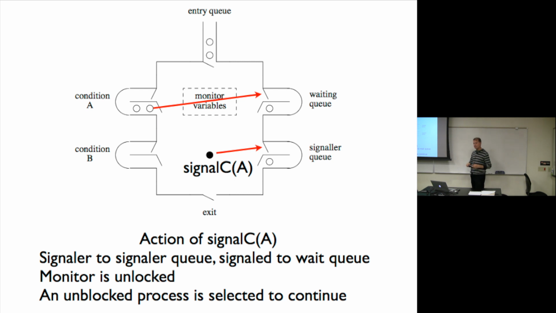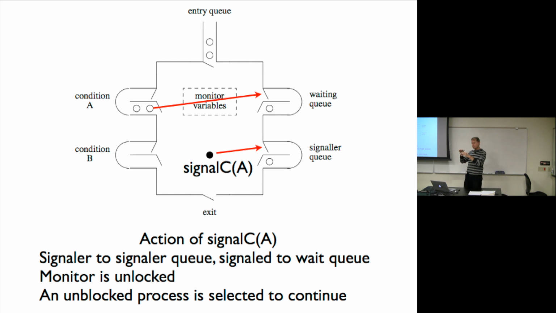Yeah, question? Are the tasks in the signaler queue unblocked? Ask me that again. Are the tasks in the signaler queue unblocked? All of the processes in all of the queues are always blocked.